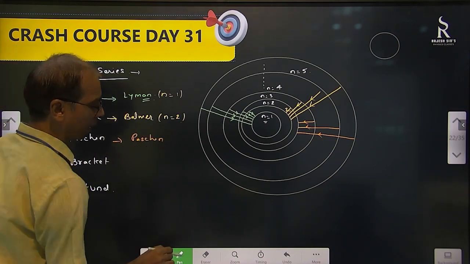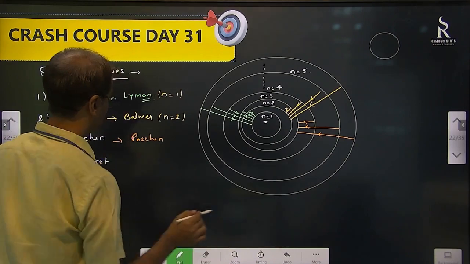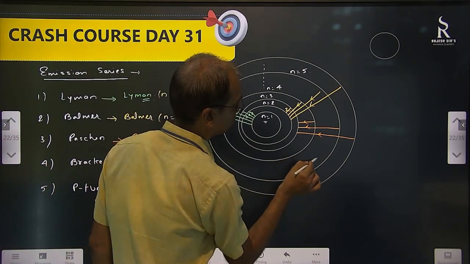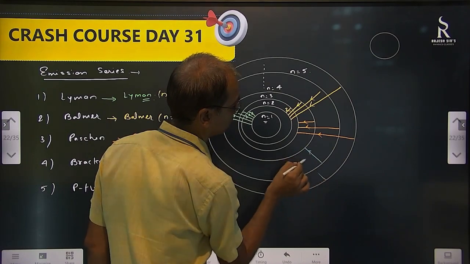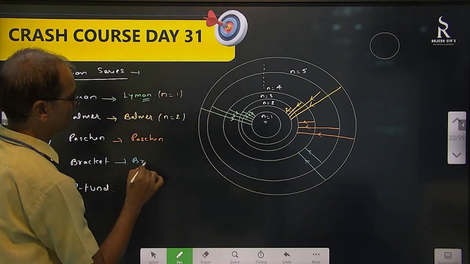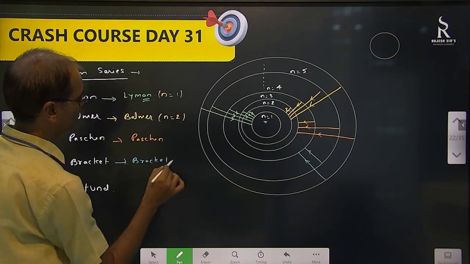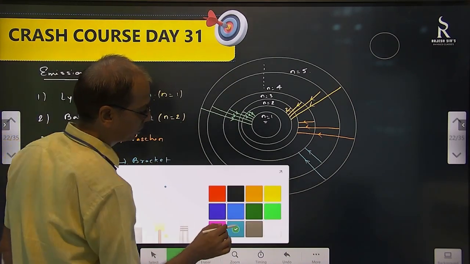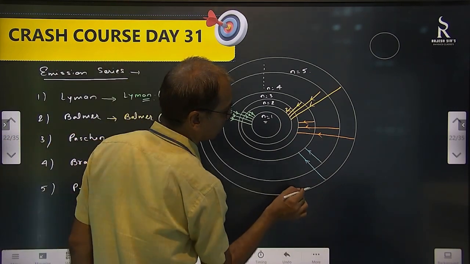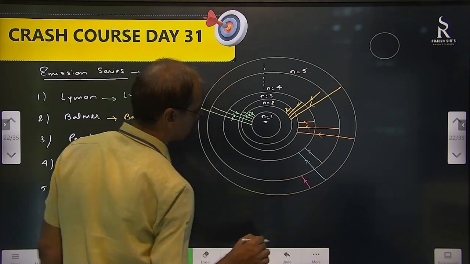Then let's talk about Brackett. Here the electron is going to jump in this way. This is Brackett. Then finally Pfund.